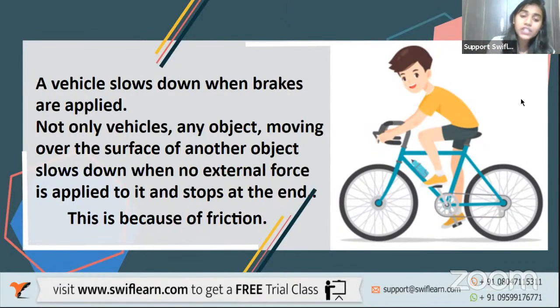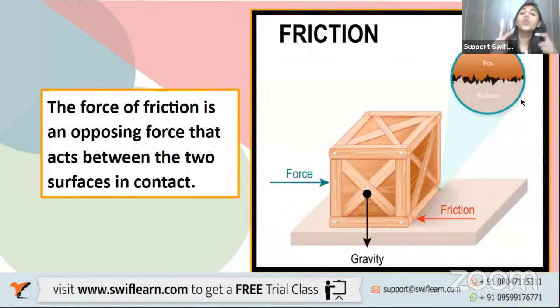Okay, now, there are basically two kinds of force. All forces are divided into two: contact force and non-contact force. You must have learned this in your junior classes as well.